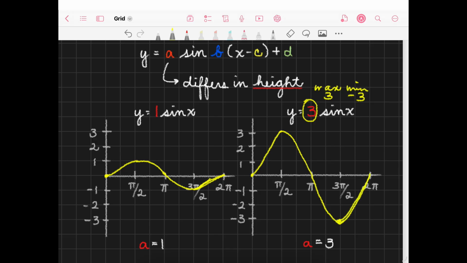There we go. What's different between a equals 1 and a equals 3 is that 3 has a larger height compared to a equals 1.